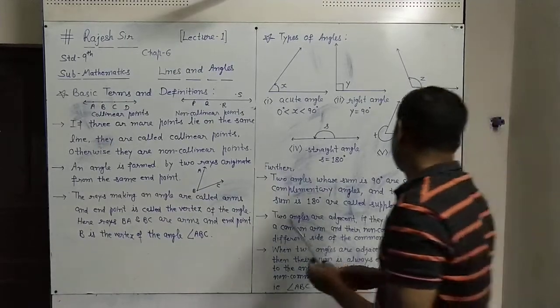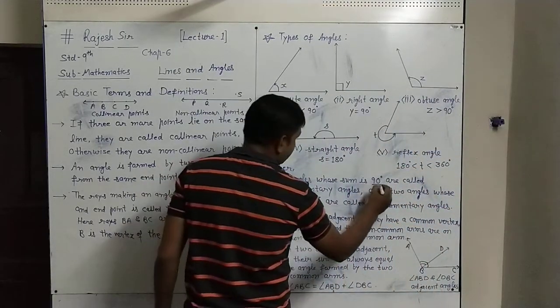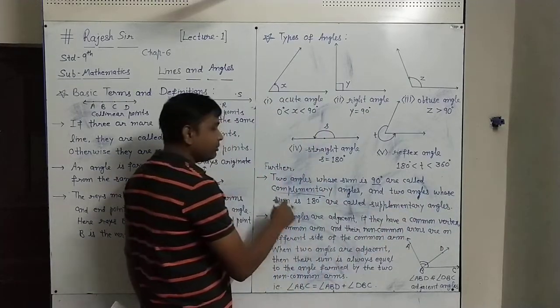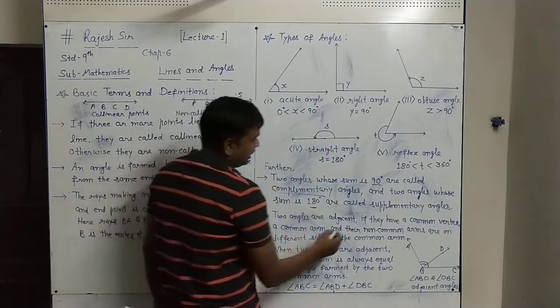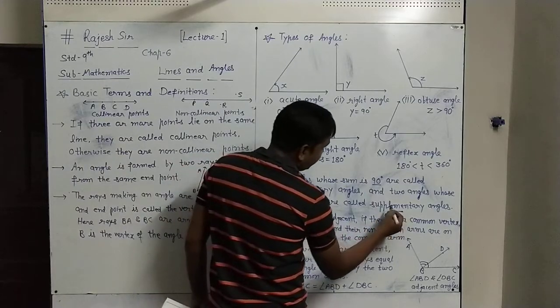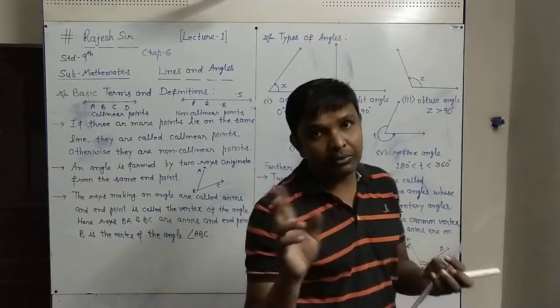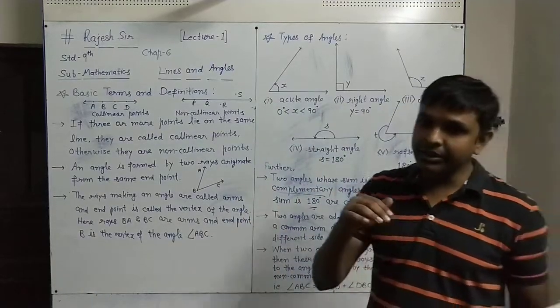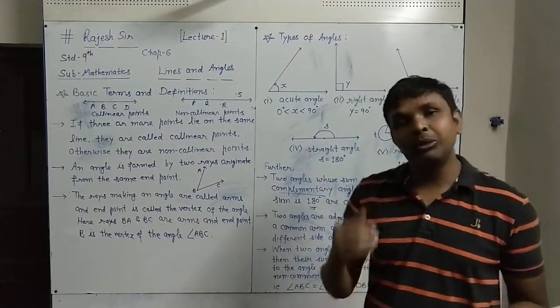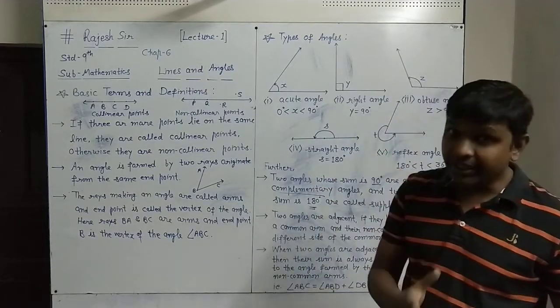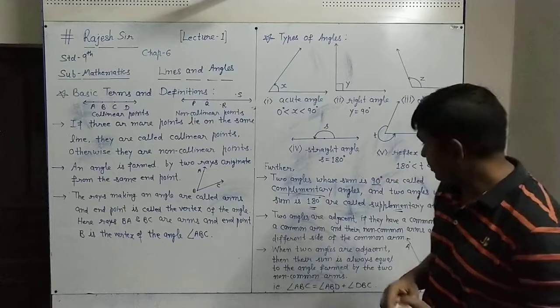And if two angles have a sum of 180 degrees, they are called supplementary angles. If we have two angles and the sum of the two is 90 degrees, we say both are complementary angles. And if we have two angles and their sum is 180 degrees, we say supplementary angles.